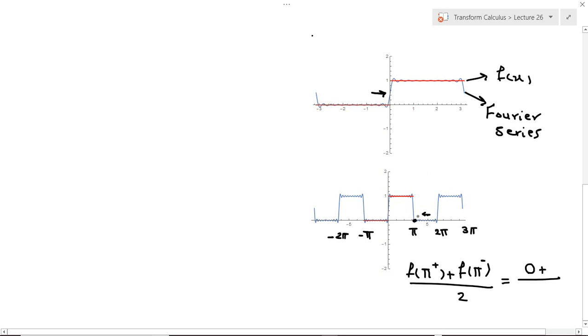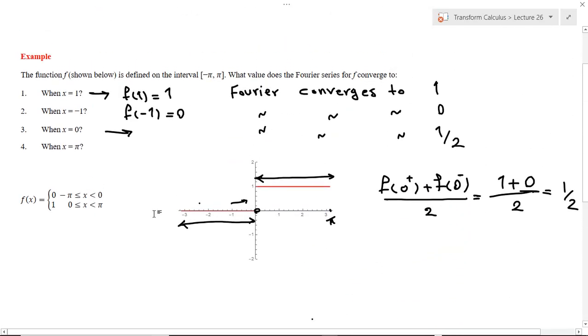Plus f(pi-), you approach pi from the left-hand side, and you can see that it is equal to 1, divided by 2. As a result, it is equal to 1/2. So at point x equal to pi, the Fourier series converges to 1/2.